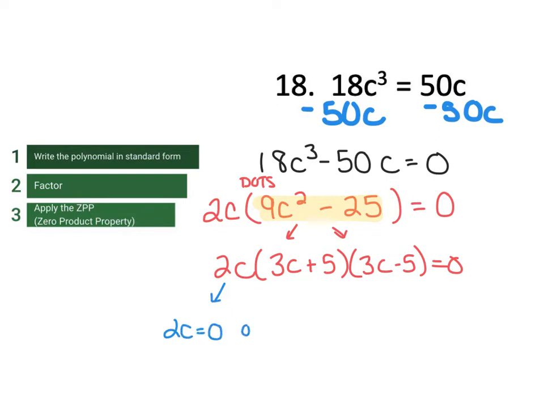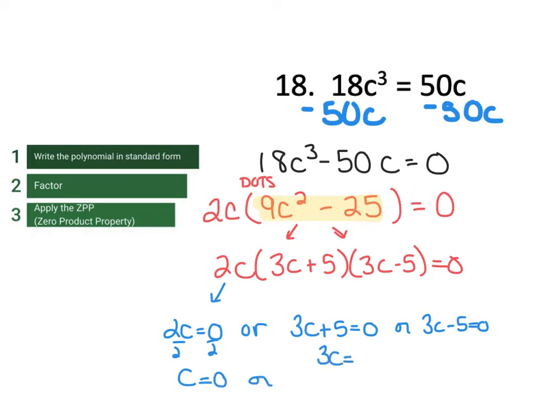Now I apply the ZPP, which says 2c equals 0, or 3c plus 5 equals 0, or 3c minus 5 equals 0, and I will solve each of these. Dividing by 2 in the first produces c equals 0. It's only there one time. In the next, I'm going to subtract 5, which gives me 3c equals negative 5.